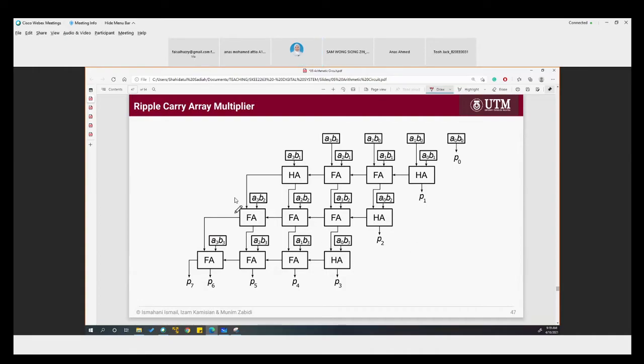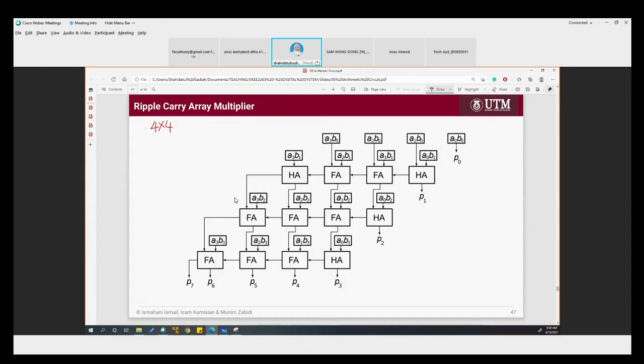Then we will see a ripple carry array multiplier. Okay. So this is an array multiplier where this is actually a 4 by 4 multiplier. So how do I know this is a 4 by 4 multiplier?